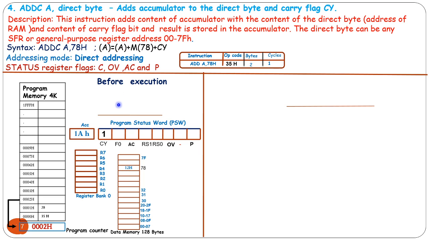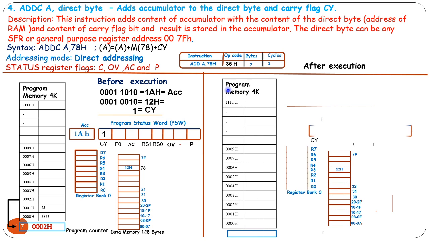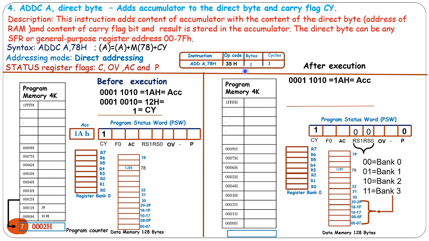Okay, so here the addition will take place: carry flag, the content of accumulator and the content of random access memory, they are added. So after execution the addition will be like this. The content of accumulator is 1AH, 0001 1010 in binary format. Random access memory content is 12H, in binary 0001 0010. So this is the random access memory plus CY flag.